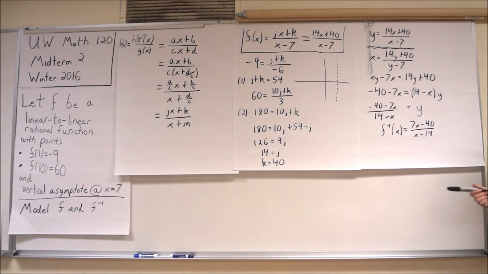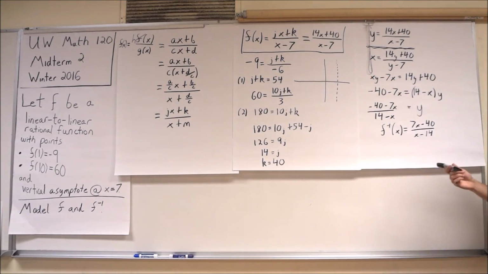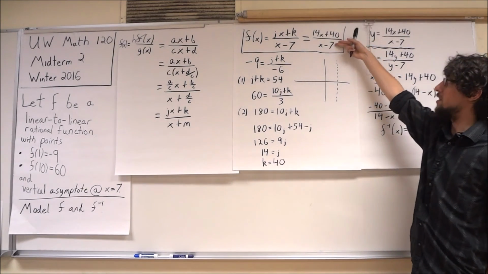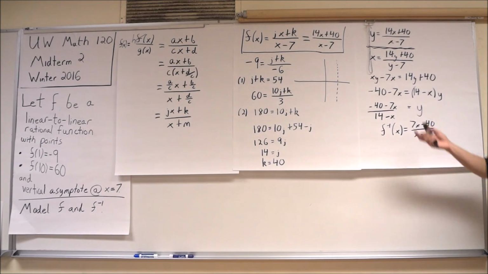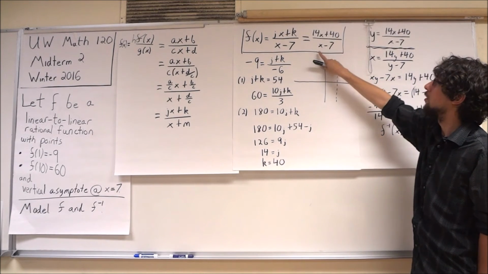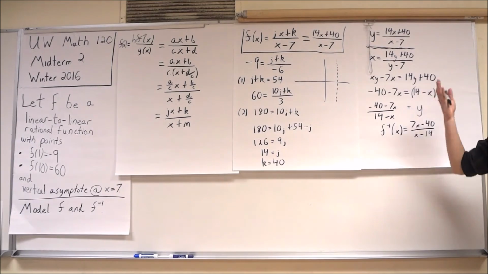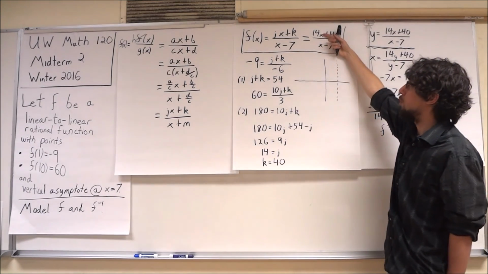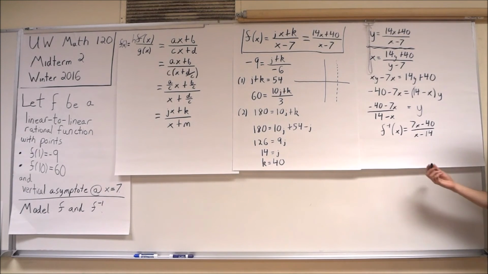In particular, you can see that as x gets really, really large, this 40 and this negative 7 start to become insignificant. If I imagine x is, say, 1 billion, then this is 14 billion and 40 over 1 billion minus 7, which effectively is just 14 billion over 1 billion, in other words, is just 14.